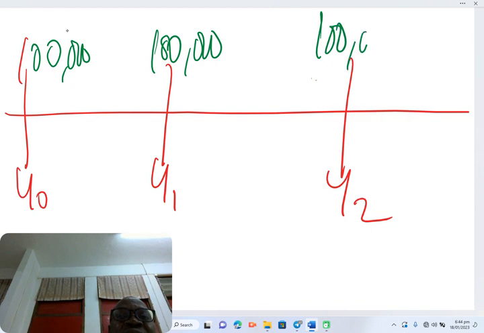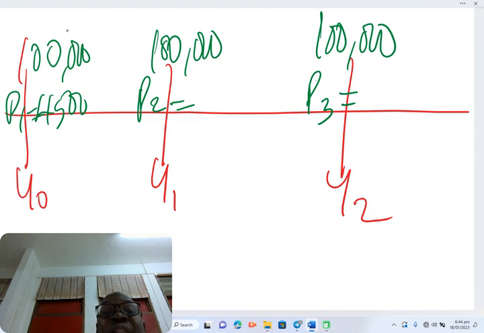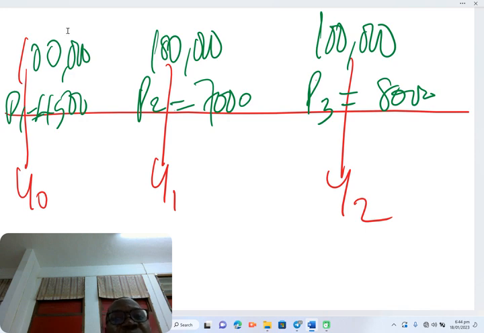This is shares. Price 1, 450. Price 2, how much? And price 3, how much? This is 7. And this is 800. And 500. Now, find out the fair value.